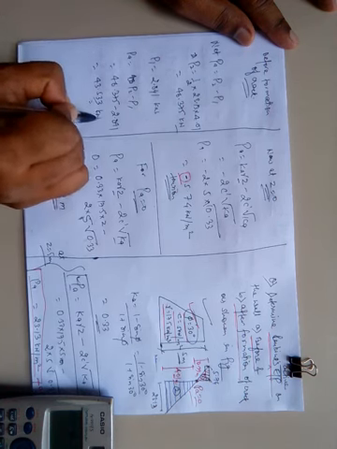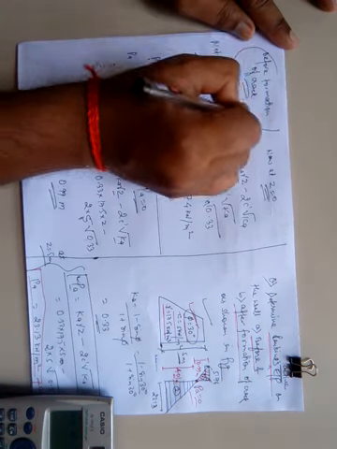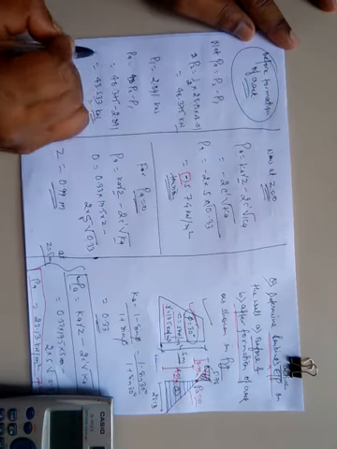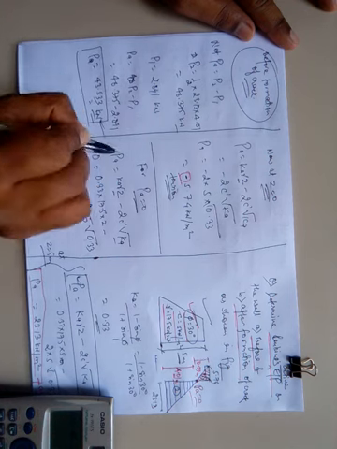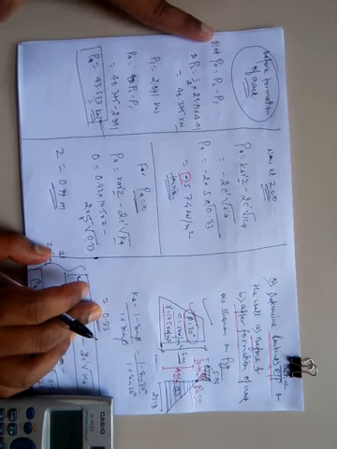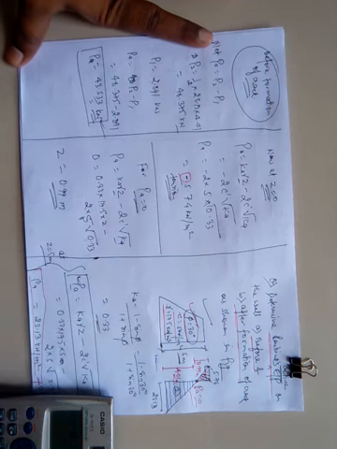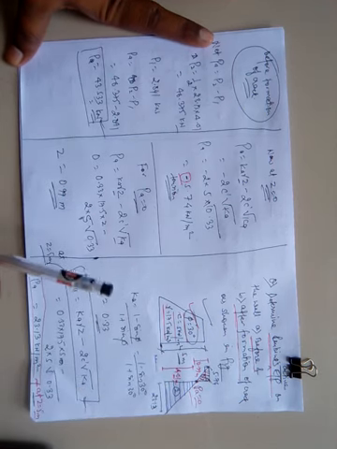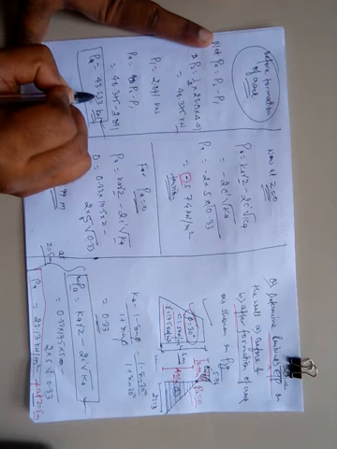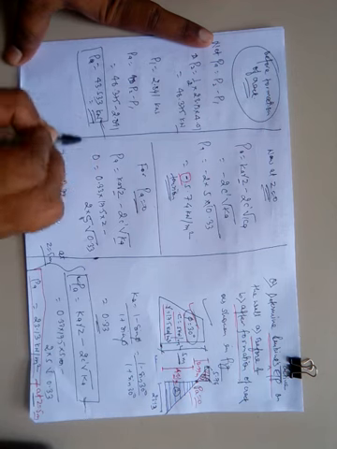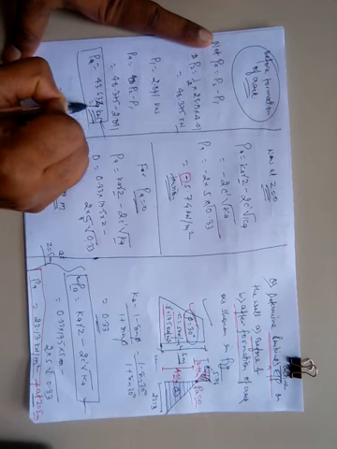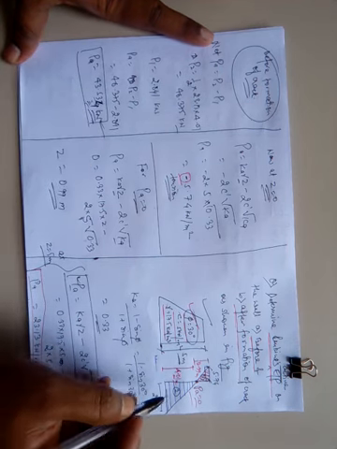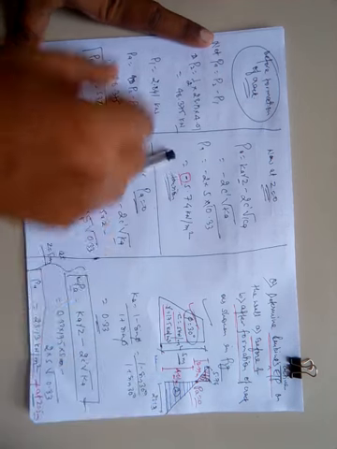Okay, so before formation of crack, active earth pressure will be 43.534 kilonewton.